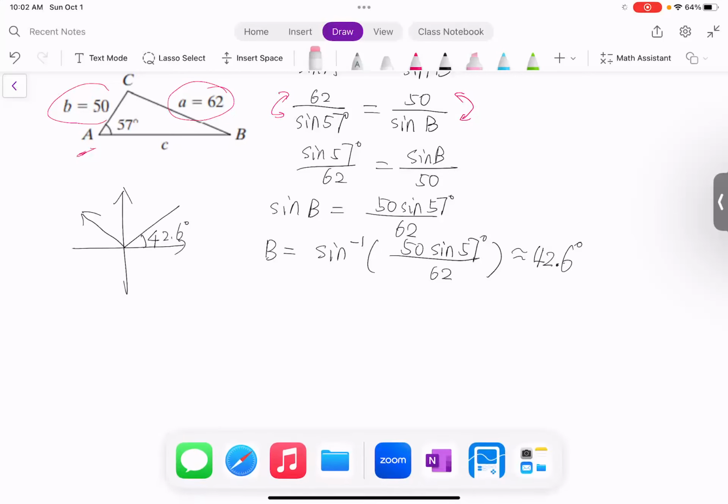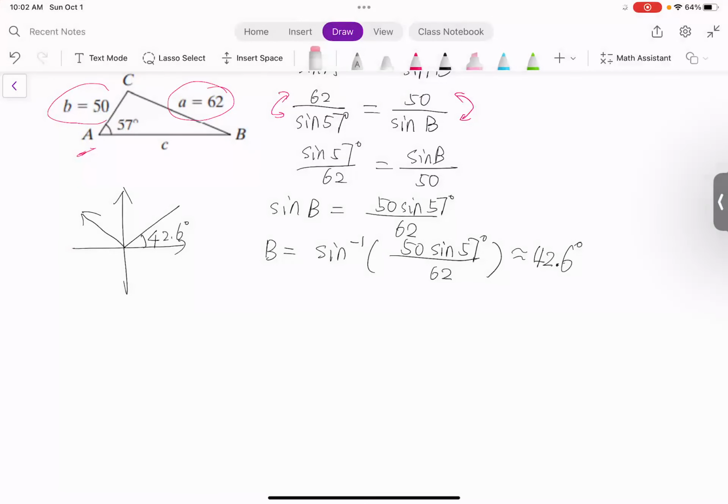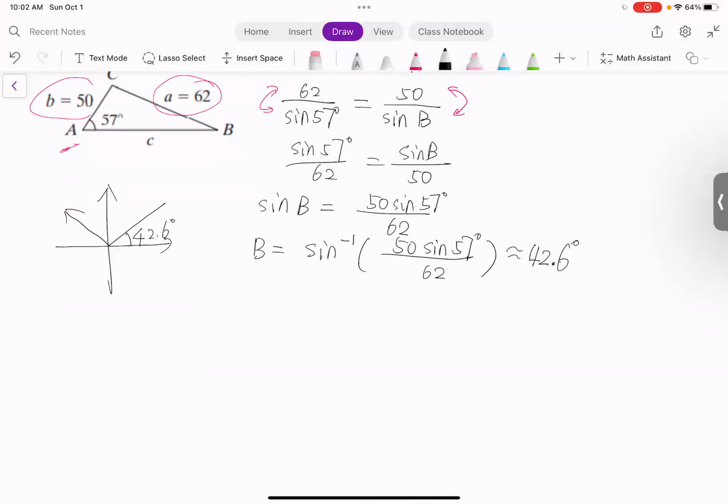You can also test that sine B is positive. What is the value? 50 times sine 57, all divided by 62. It's 0.6763. I skipped the steps. You can do this first.